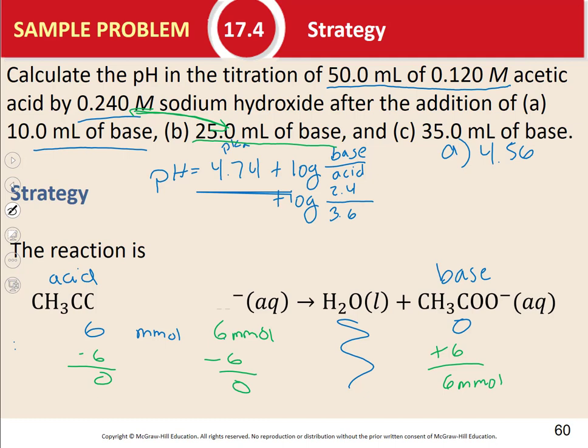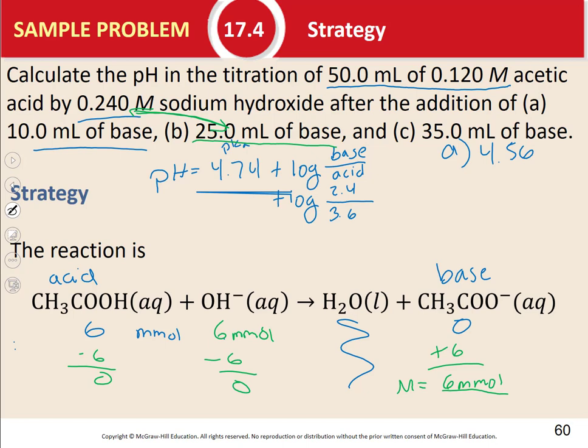How do we find the pH of that? 6 millimoles of acetate ion. Ice table. So to go into an ice table, we need concentration. So we need to take these 6 millimoles and turn them into molarity. Molarity is millimoles divided by milliliters.